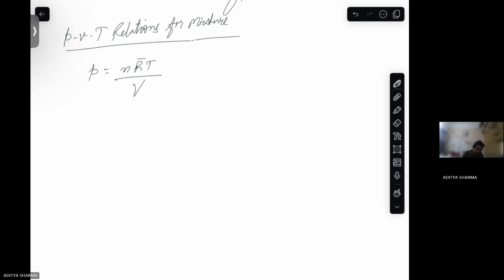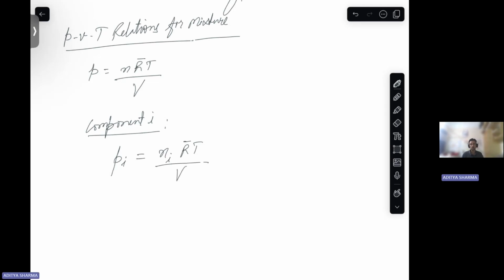Now, if you want to calculate the partial pressure of some component i, let's say we have component i. In that case, its partial pressure can be written as number of moles, because the volume remains same for the component in a particular mixture.